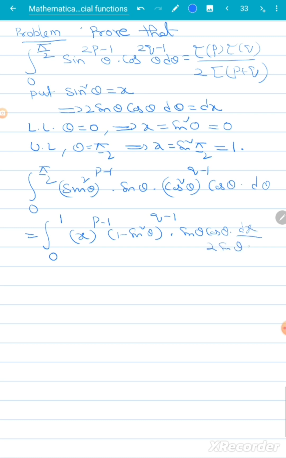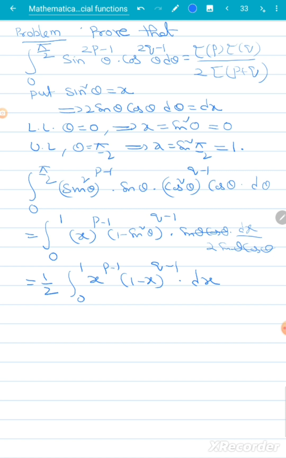So these are cancelled. So this is equal to 1 by 2 into integration 0 to 1 x to the power of p minus 1 into 1 minus x to the power of q minus 1 into dx.